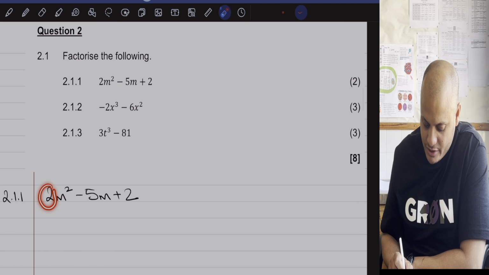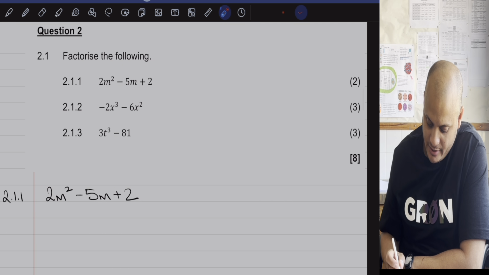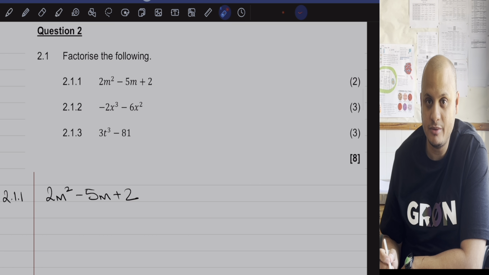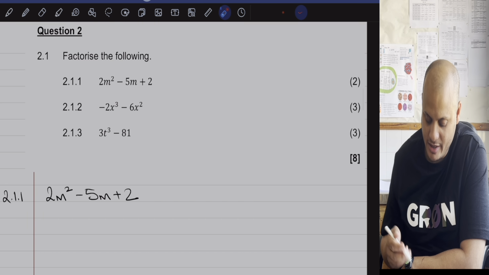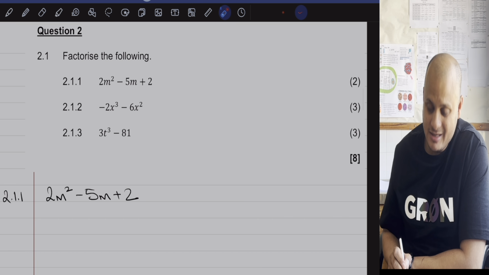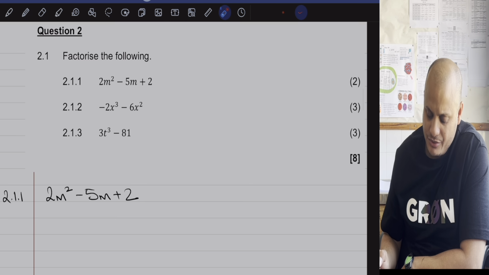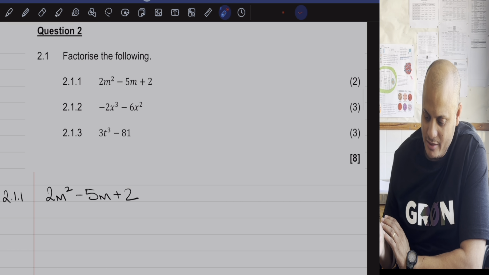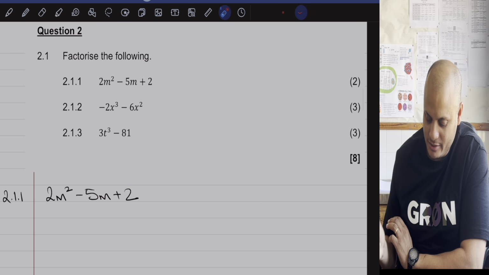This coefficient is larger than 1, but just by 1. It's also a prime number, 2, and the third term is also a prime number, 2, which means it only has two factors, 1 and the number itself. So this doesn't really require you to do the whole cross product, long division looking type method.